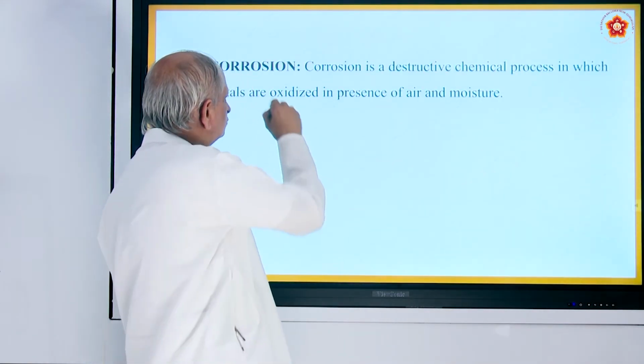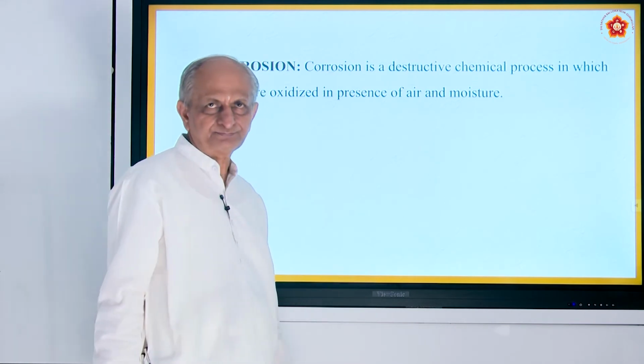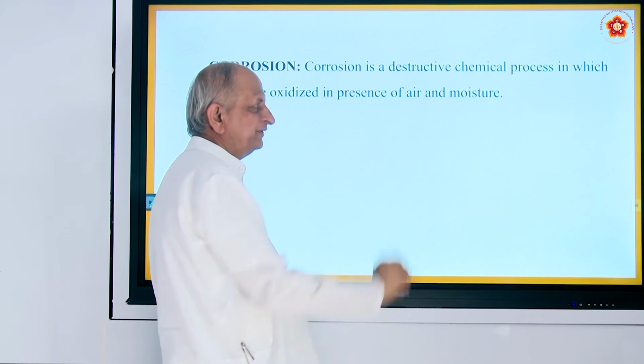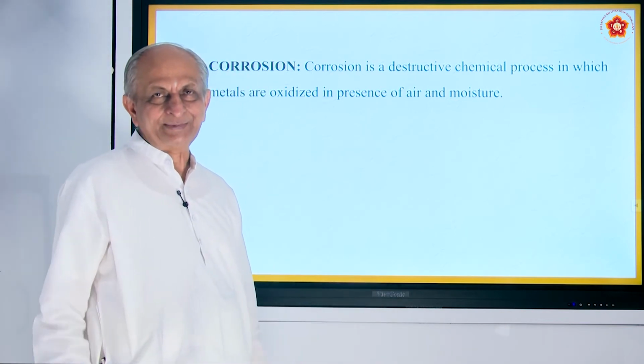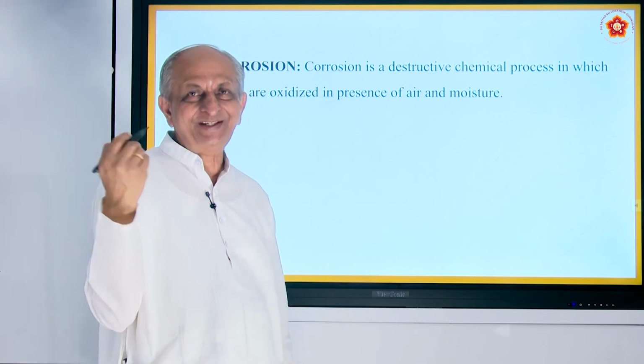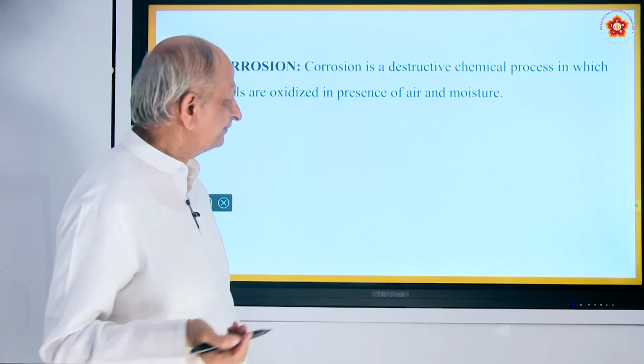Also you must know what is meant by corrosion. Corrosion is a destructive chemical process. Many processes are constructive, but this is destructive. It spoils.